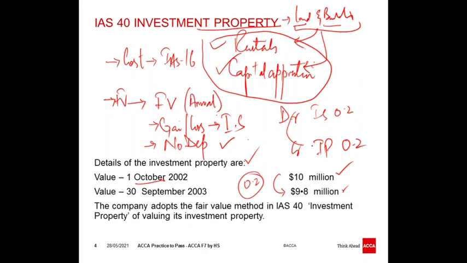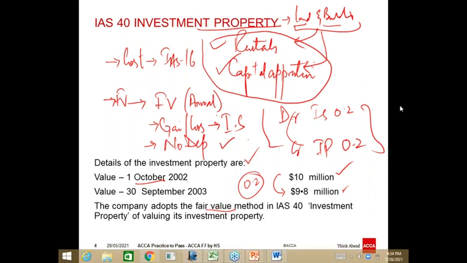That's it. So you don't need to charge depreciation. And the question clearly says that the company has adopted the fair value method for investment properties. So these are some key points of IAS 40. IP means investment property.